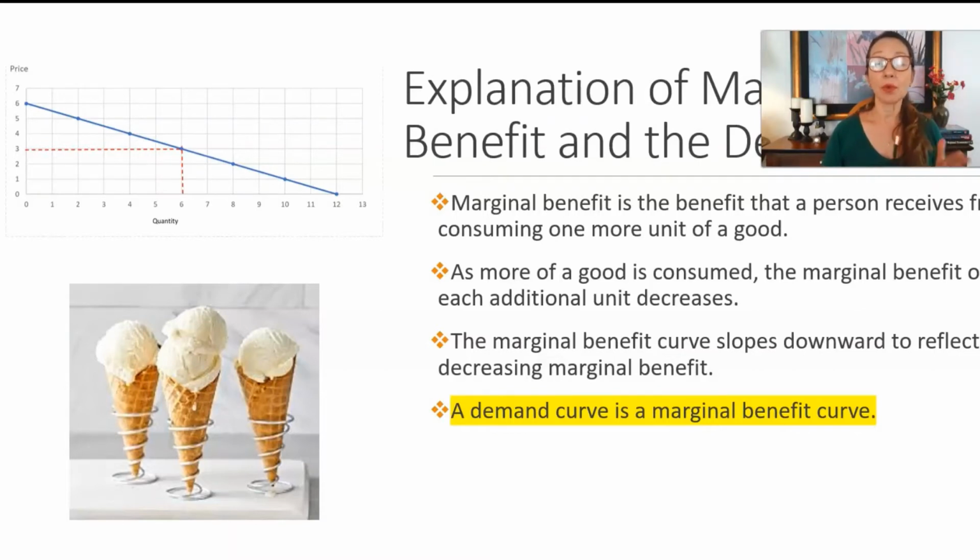As more of a good is consumed, the marginal benefit of each additional unit decreases. And therefore, our marginal benefit curve is downward sloping. This reflects decreasing marginal benefit as we are consuming more. So the demand curve is the marginal benefit curve.